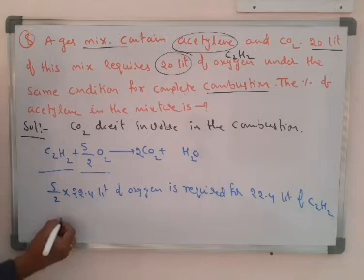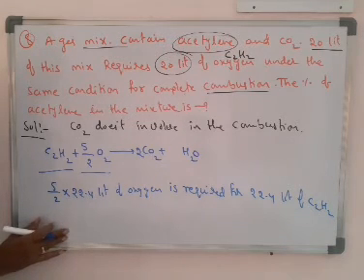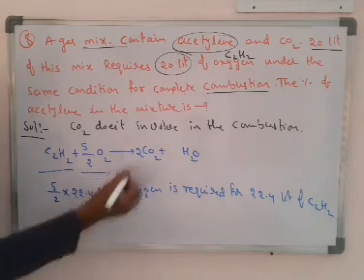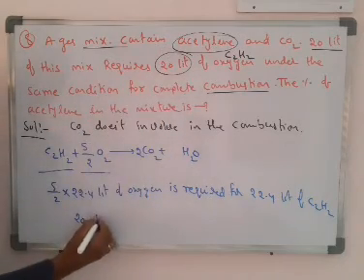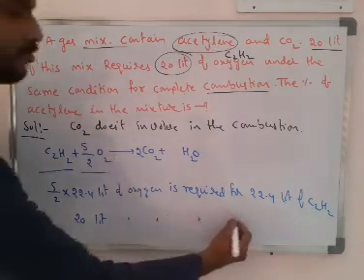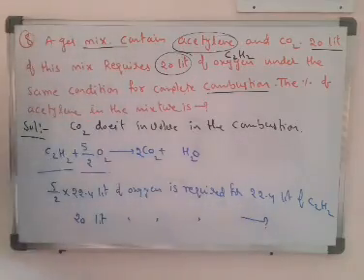Then, how much oxygen was supplied? 20 liters. 20 liters of oxygen is required for how many liters of acetylene?